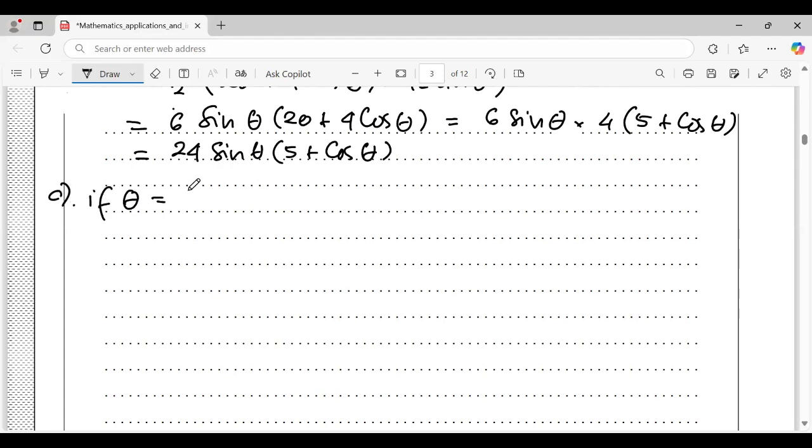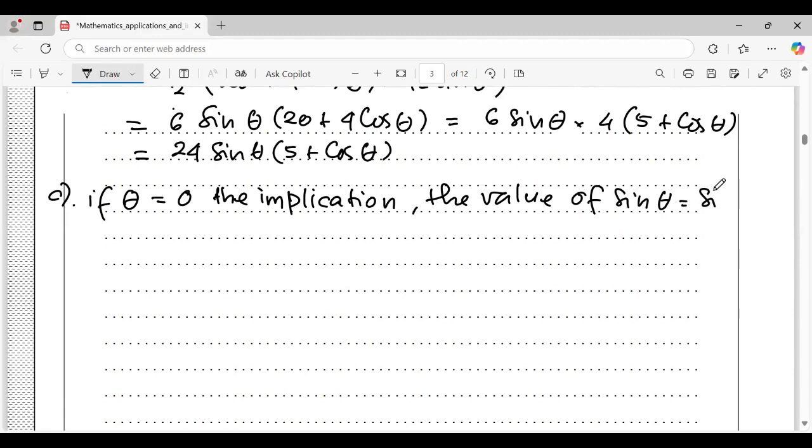If theta equals 0, the implication is that the value of sine theta will be sine 0 equals 0.